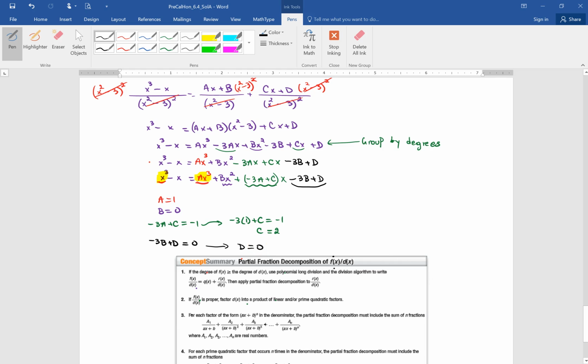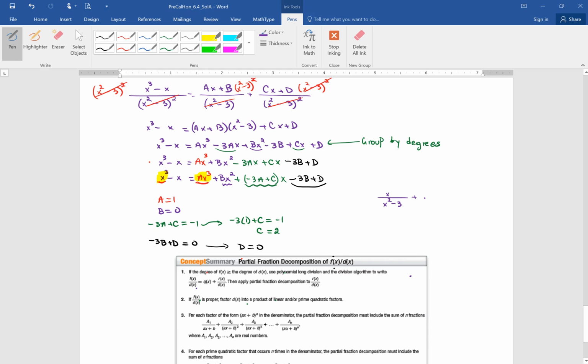Now I have all my constants. So I go back and write my fraction. A is 1, b is 0, so x over x squared minus 3. Does that make sense? Plus cx plus d.